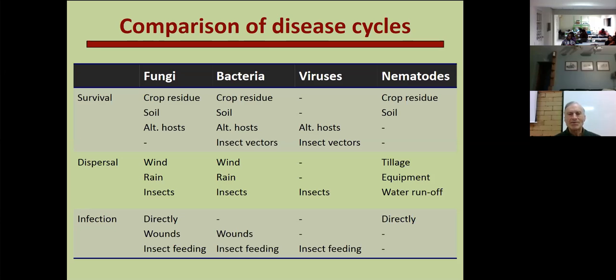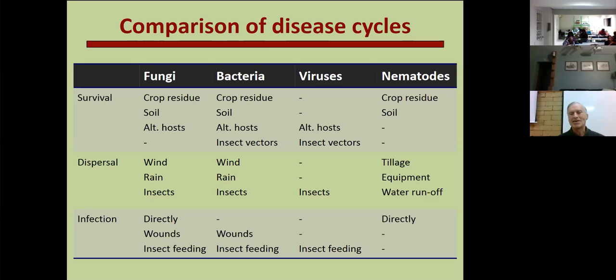And nematodes can survive in crop residue or in the soil. They can live in the soil for a long time. They get moved around by anything that moves the soil. So when you're tilling, that can move the nematodes around. If you till one field and then go to the next field, if there's nematodes in the first field, you could be taking nematodes to the next field.